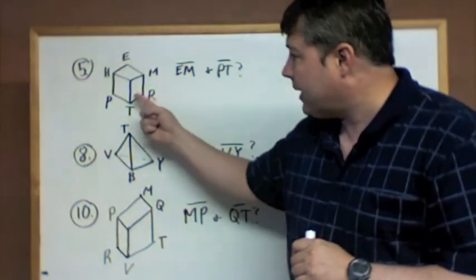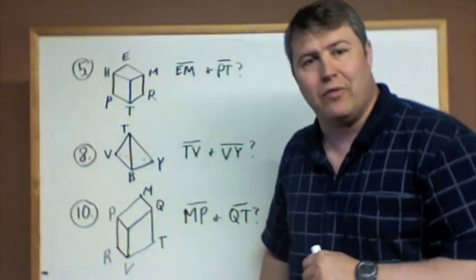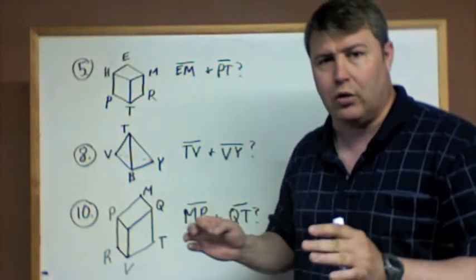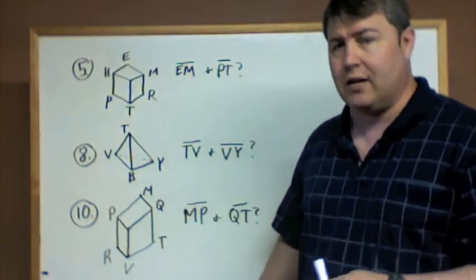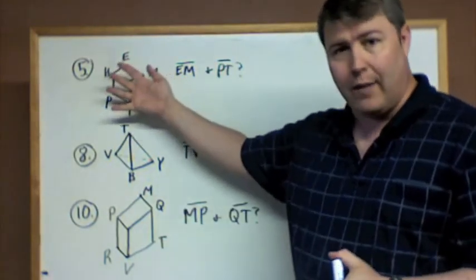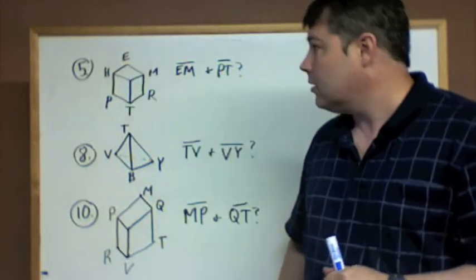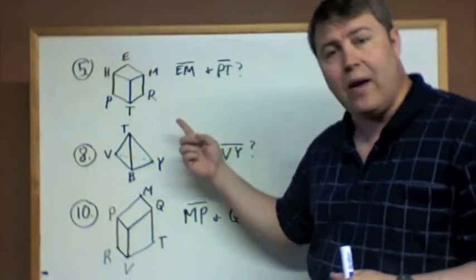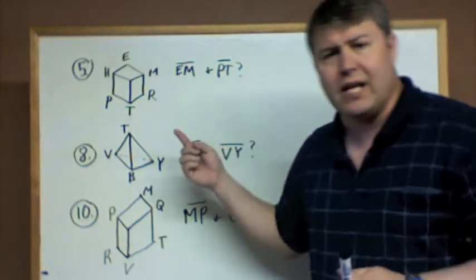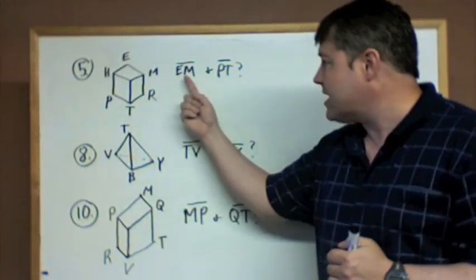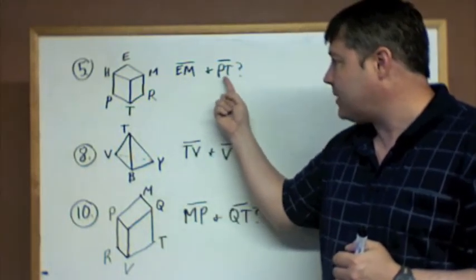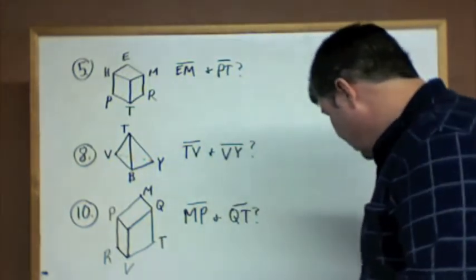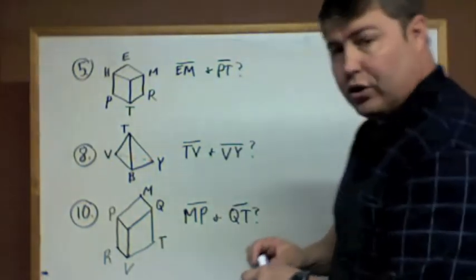As I look at the picture here, it looks like a cube in number 5. I have to assume it's three-dimensional, that it's not all flat in the same plane. I've actually drawn it that way, but I don't want it to look that way. So here's this figure, and they want me to tell what kind of relationship there is between segment EM and segment PT. I might trace over those, either with another color or a pencil.